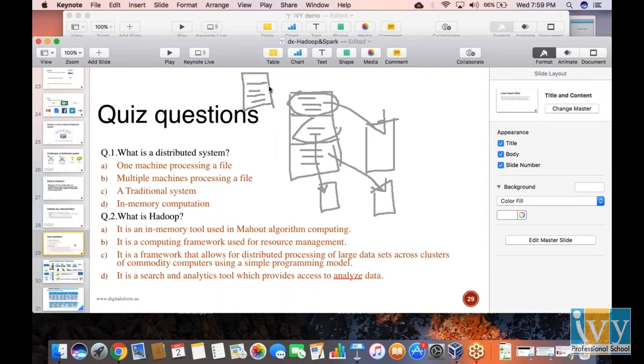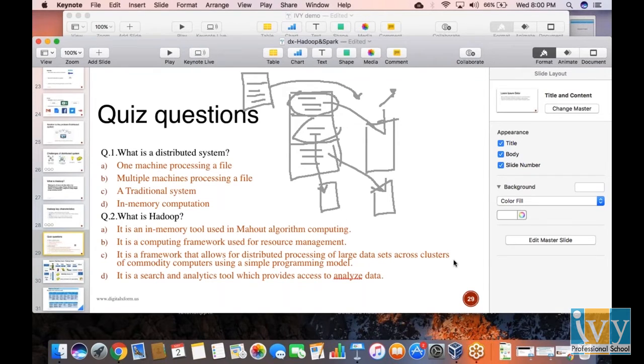You bring the program to the data, and then the processing will take place in parallel on these 3 nodes, and the output will be given as the word count. Got it? That is done by MapReduce. The processing part is done by MapReduce, and the storage is in HDFS. So Hadoop has 2 components: HDFS for storage and MapReduce for processing.